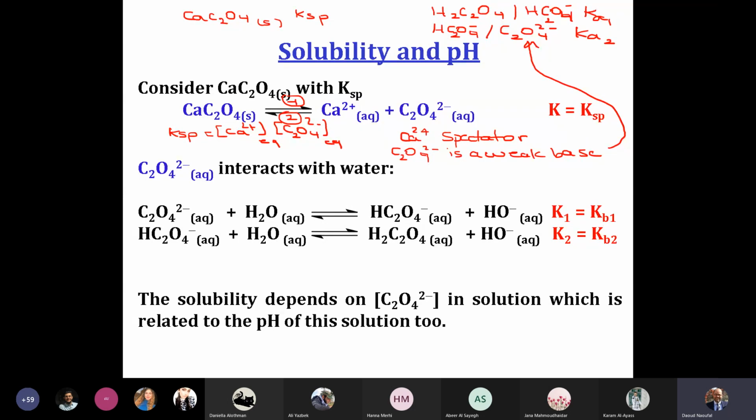So in this case, the pH has an effect on the solubility. And the question now, for example: what should be the pH of the solution in order to dissolve 10%? What should be the pH in order to dissolve 50%? Or what is the pH in order to dissociate completely the CaC2O4?